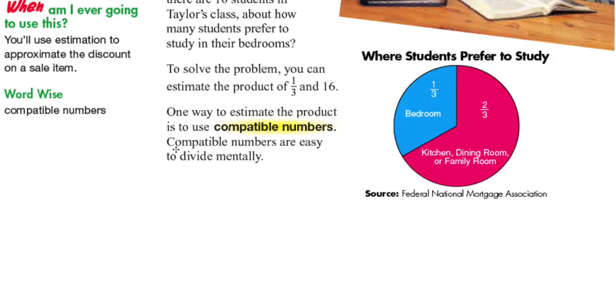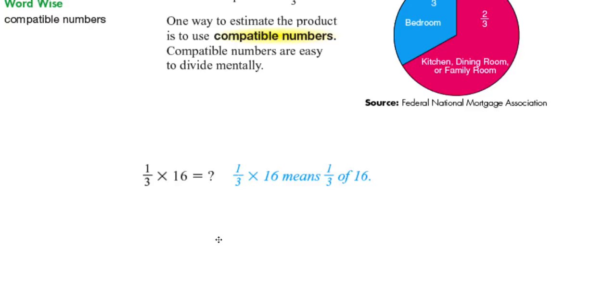Let's see how compatible numbers work. 1/3 times 16 means 1/3 of 16. You can find a number that's compatible with 3 that's close to 16, and that would be 15.